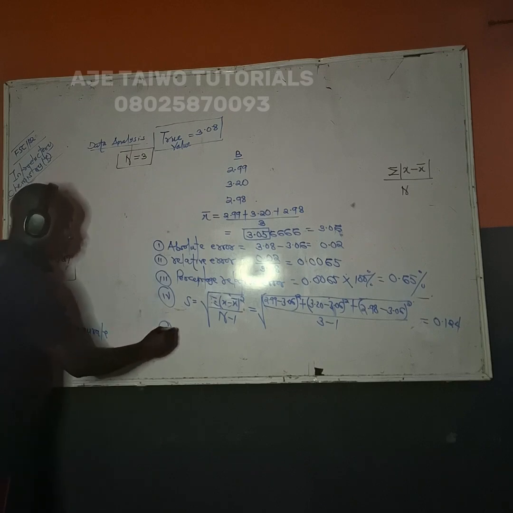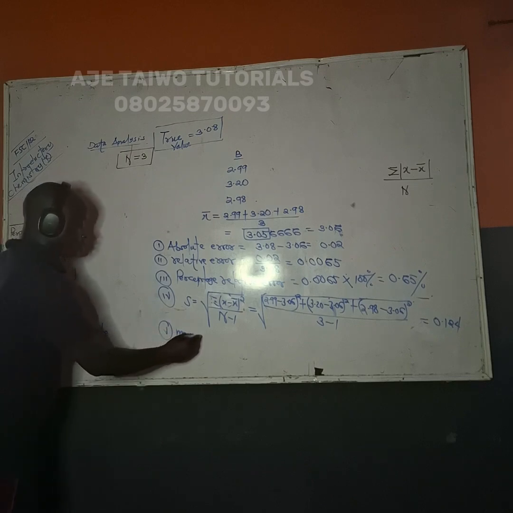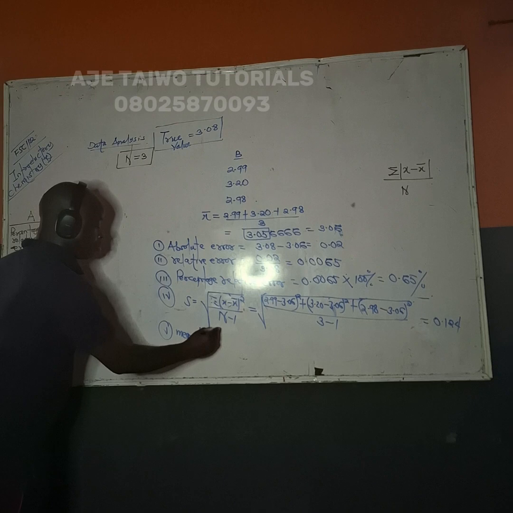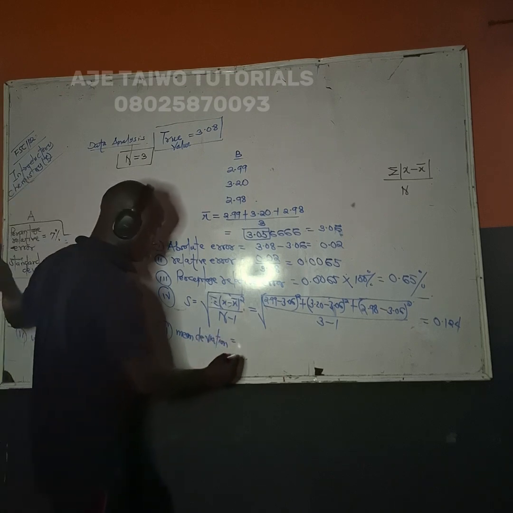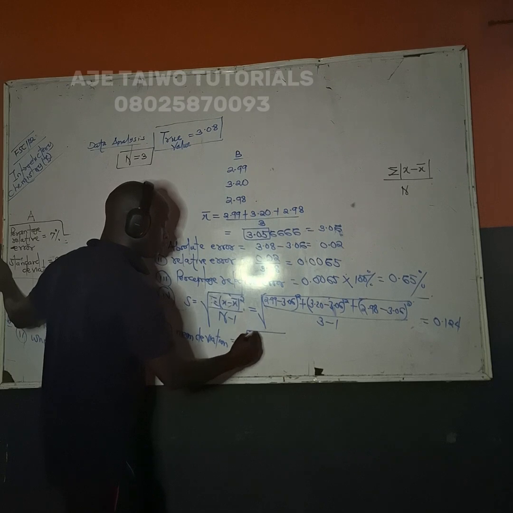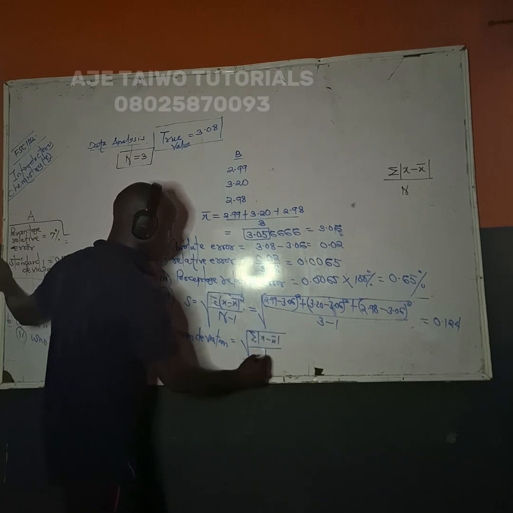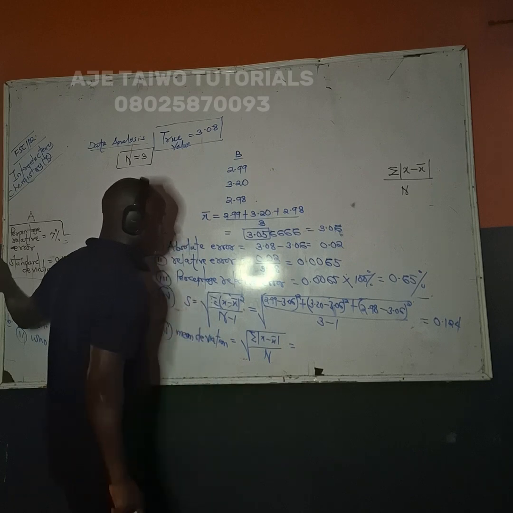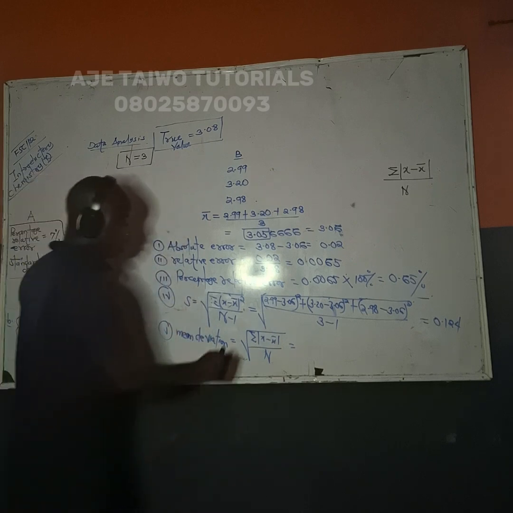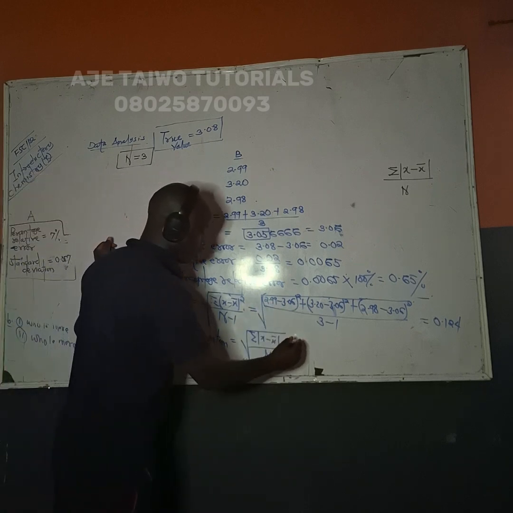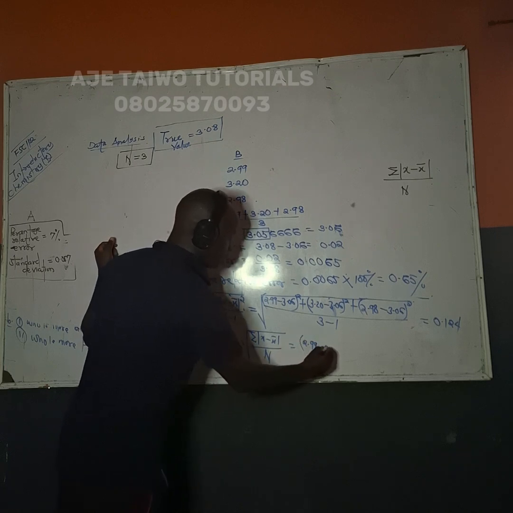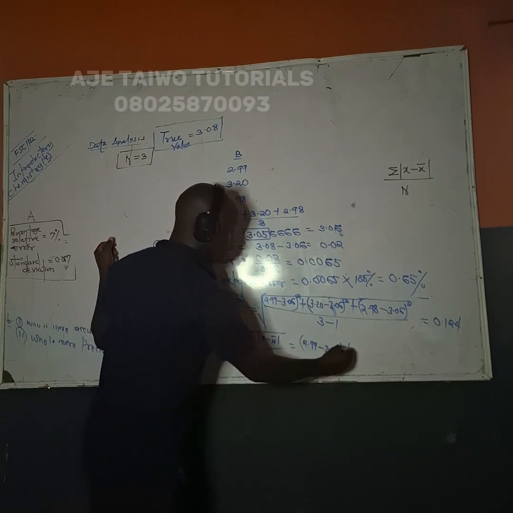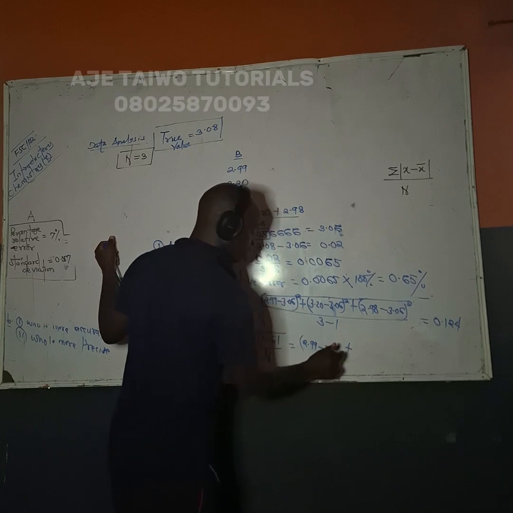Number 5. Mean deviation. What is mean deviation? It is summation of x minus x bar, all over n. That's mean deviation. That means take the figures here without the square. That's 2.99 minus 3.06.